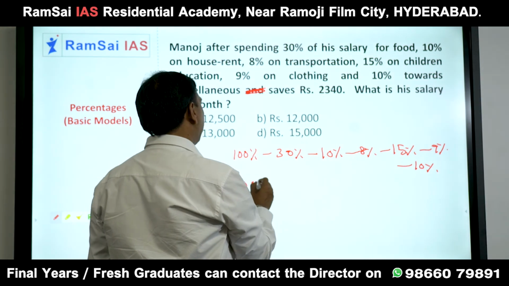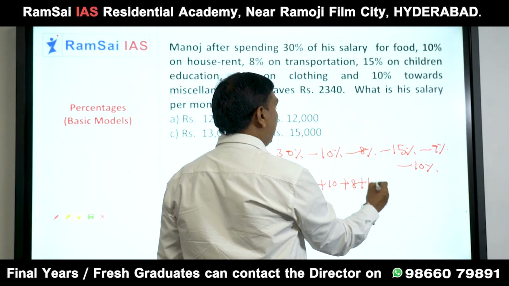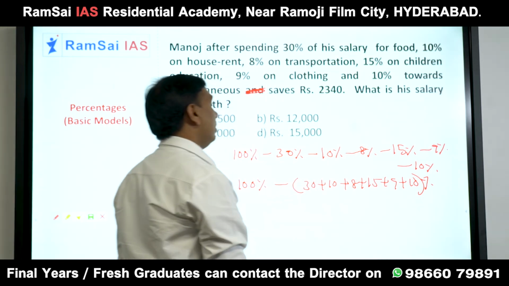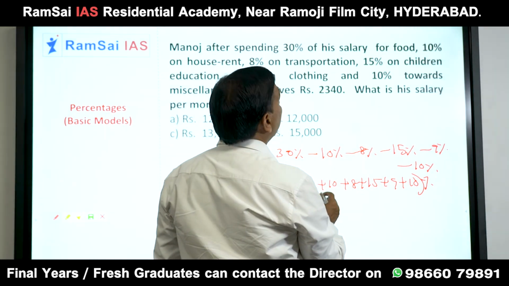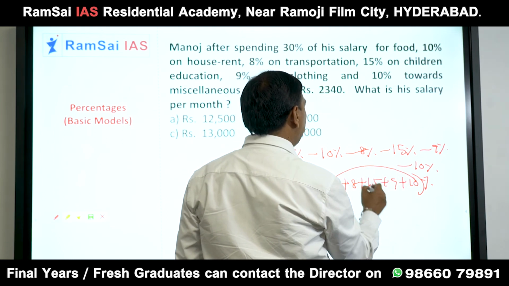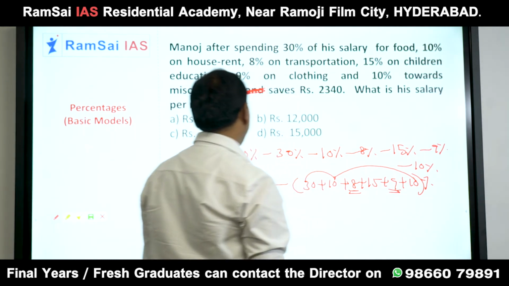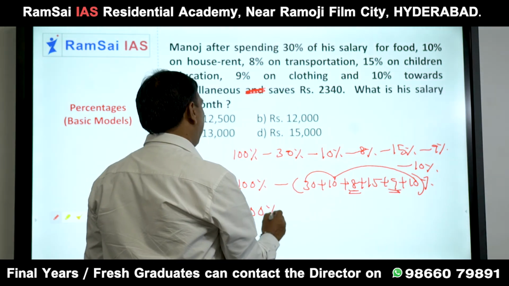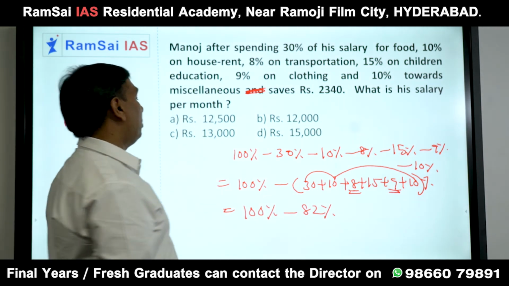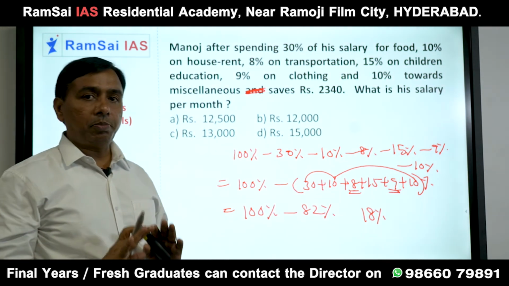That means out of 100%, he has spent how much? 30 plus 10 plus 8 plus 15 plus 9 plus 10 percent. 30 plus 10, 40 plus 10, 50, 50 plus 15, 65, 65 plus 8, 73, 73 plus 9, 82. So he has spent exactly 82% of his salary. That means he saved 18%.